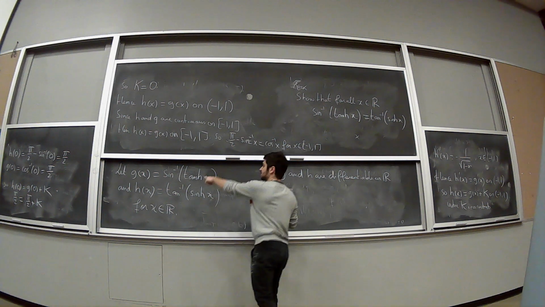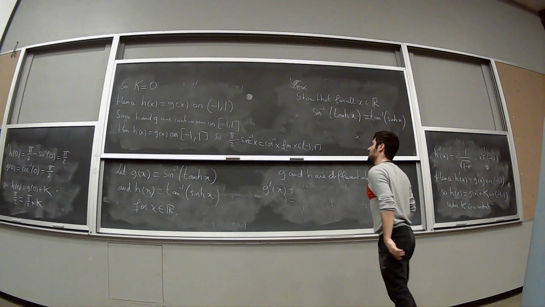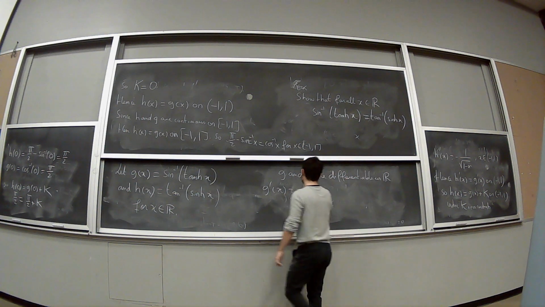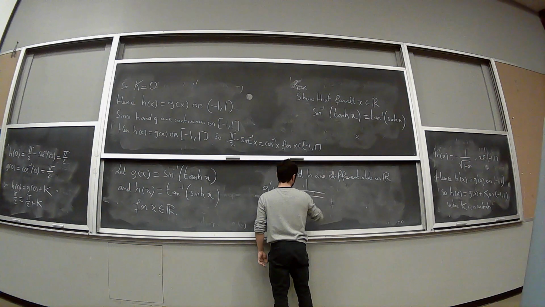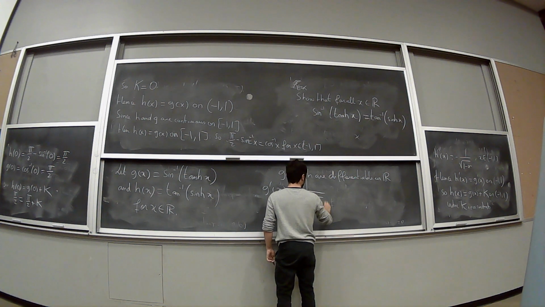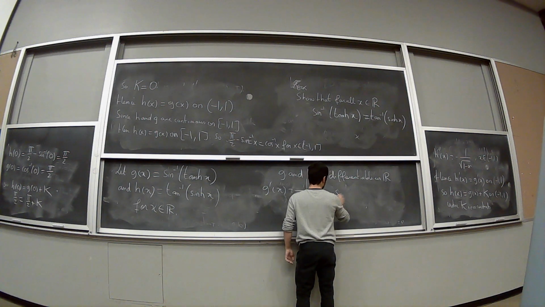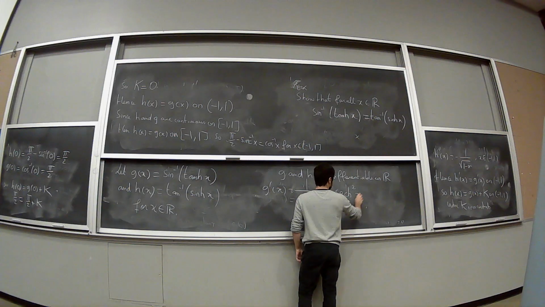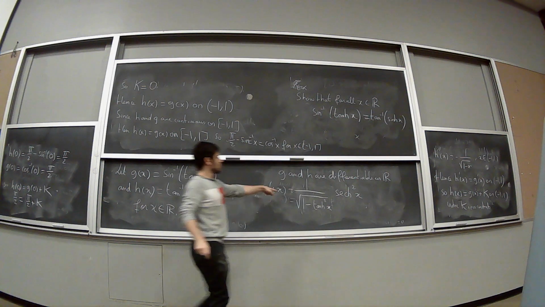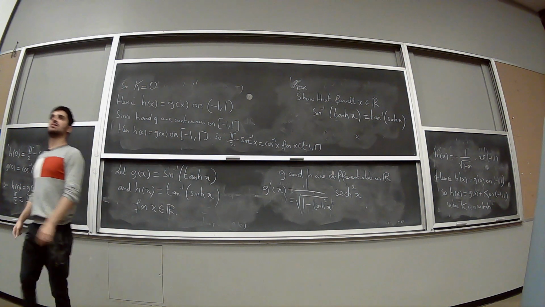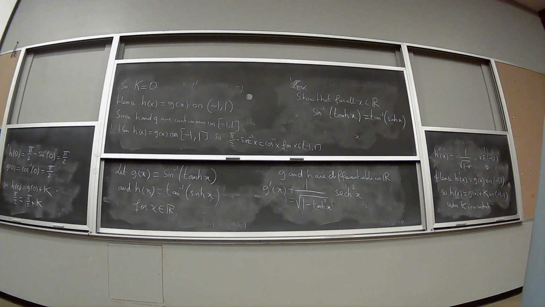And what is g prime of x? G prime of x is the derivative of sine inverse of tanh x. What's the derivative of sine inverse? It's 1 over the square root of 1 minus t squared, times the derivative of tanh x, which is the hyperbolic secant squared of x. Now notice, what is 1 minus tanh squared?